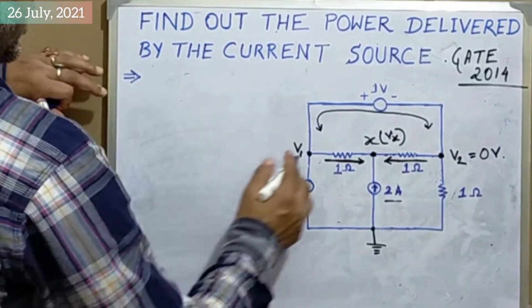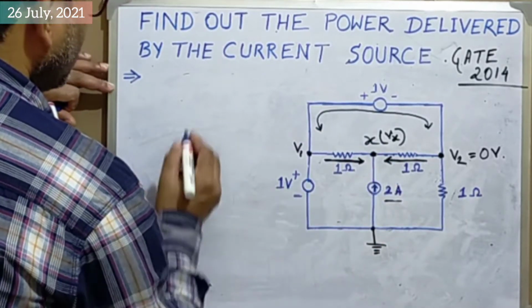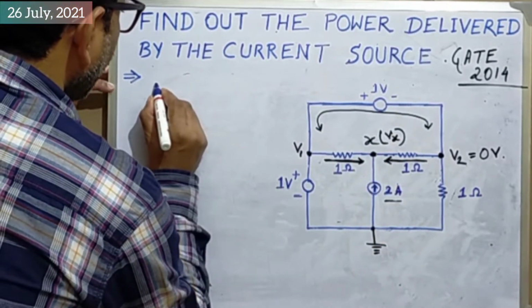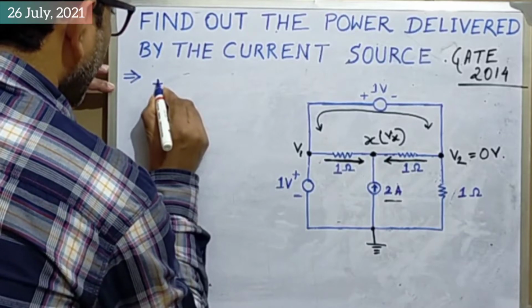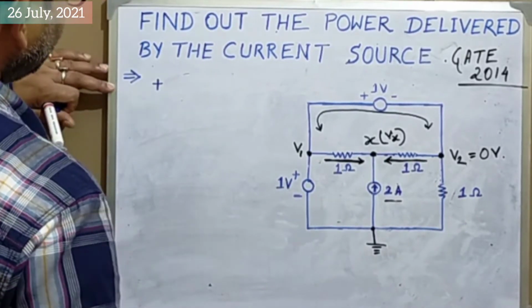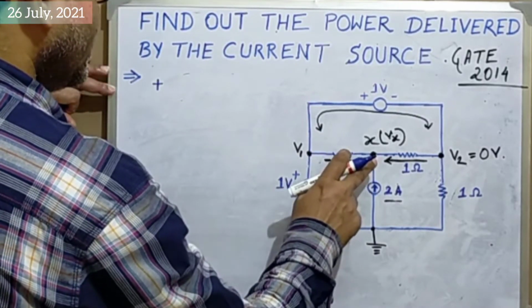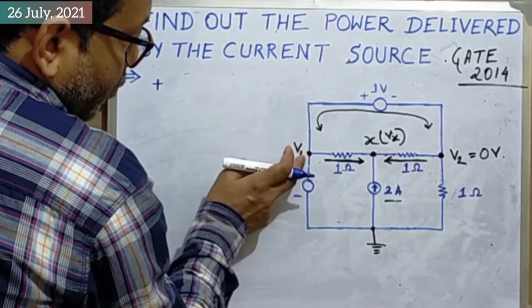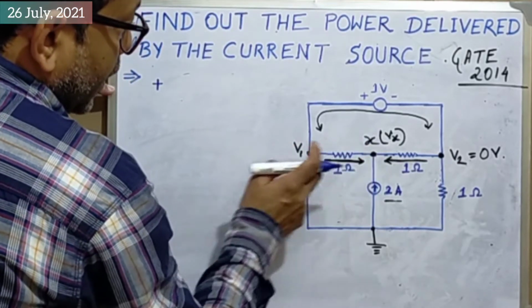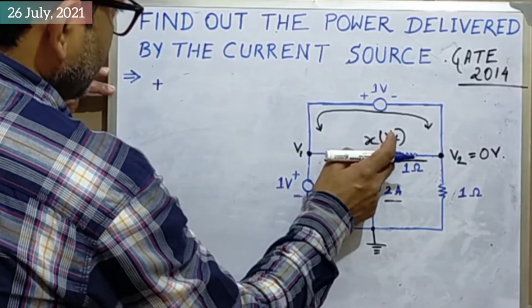If we apply the KCL for this particular node, the X node, we can write for the entering current, that it will have positive sign. So far I have discussed that it will have positive sign due to the entering current. And as current is flowing from this node to that node, obviously V1 should be greater than Vx.